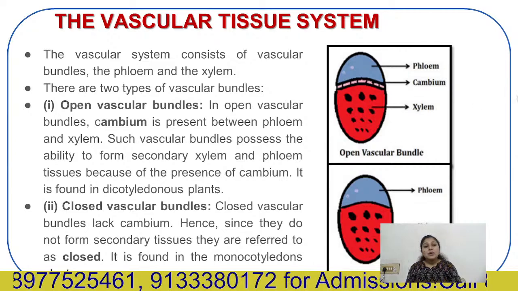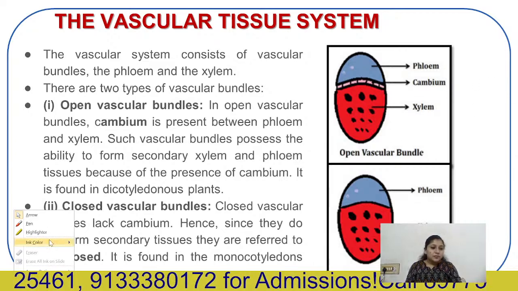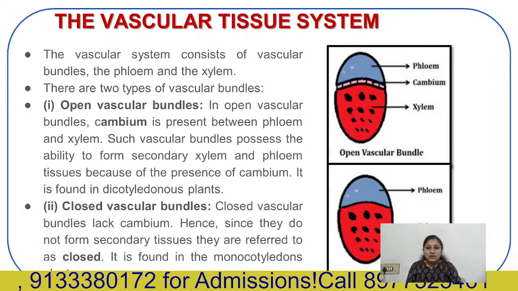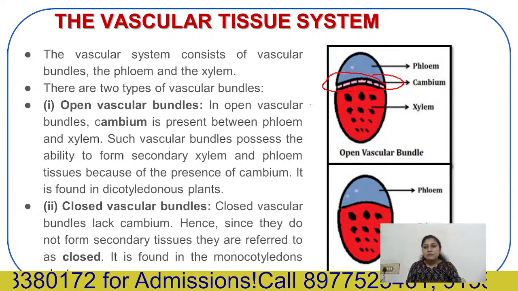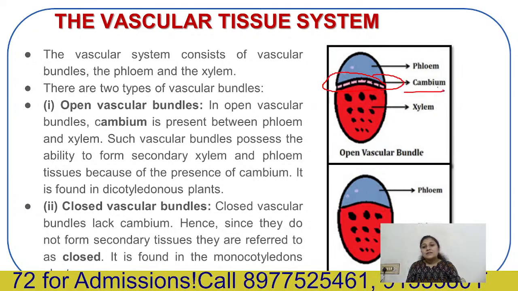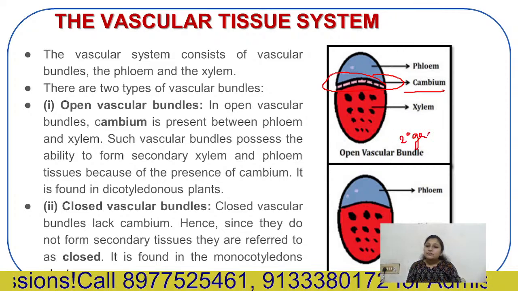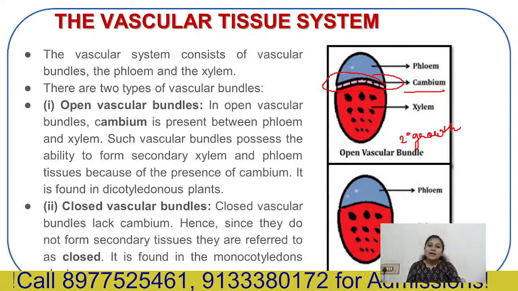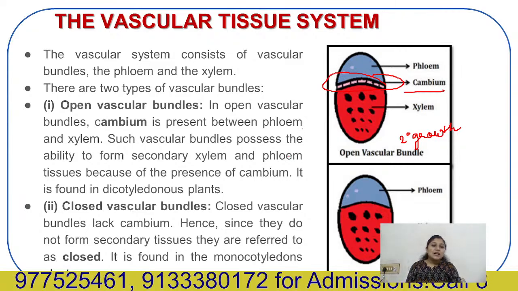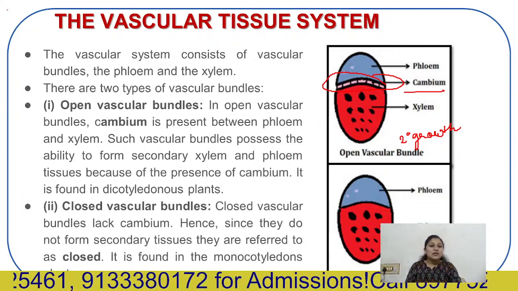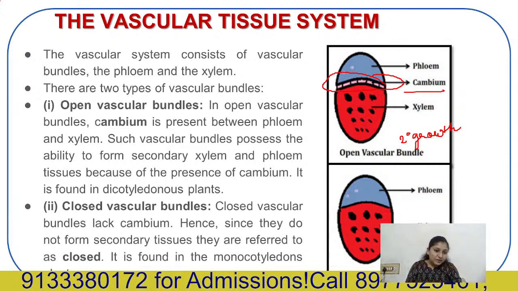If there is a cambium ring present in between these two, that makes it open for secondary growth. So secondary growth can occur in this type, and that type of vascular bundle is known as an open vascular bundle.